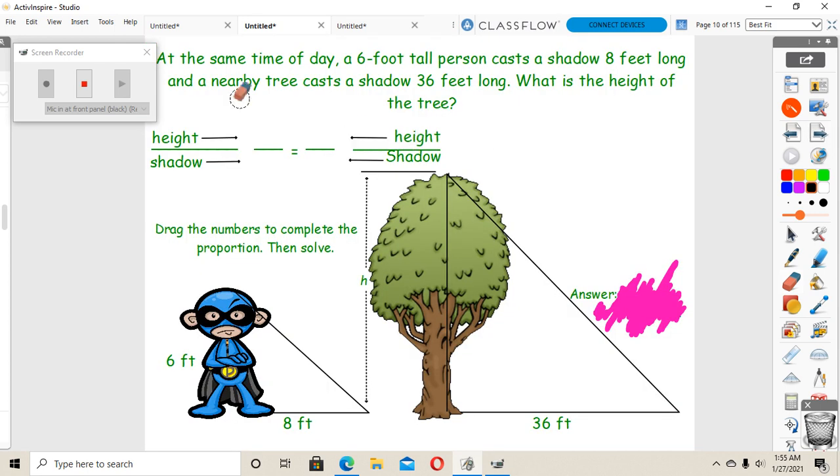At the same time of the day, a 6-foot-tall person casts a shadow 8 feet long, and a nearby tree casts a shadow 36 feet long. What is the height of the tree?